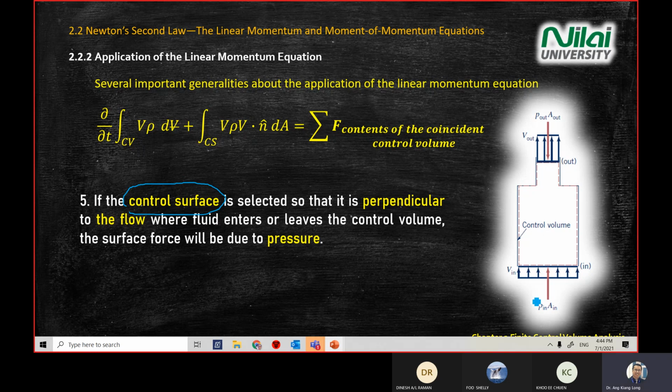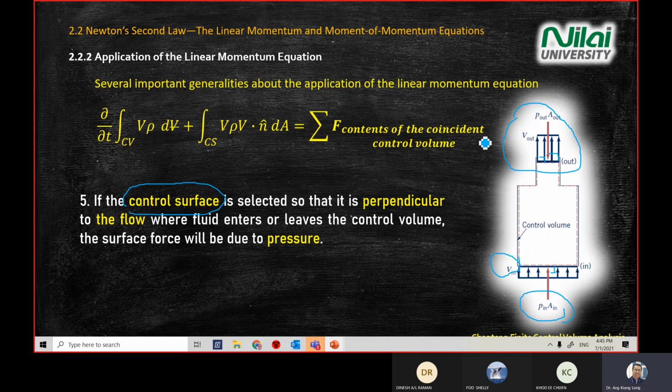For example, the inlet and outlet, the V in or the pressure or area will always be 90 degrees when you do analysis. Same with this one. The velocity will always be 90 degrees to the dashed line, especially this area.